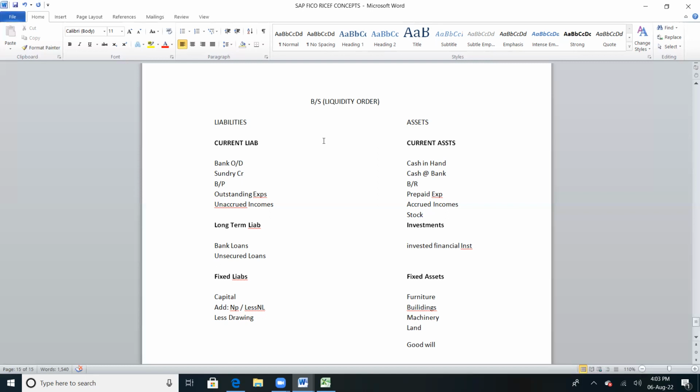Order of permanence. Write down. This order is completely opposite to liquidity order.